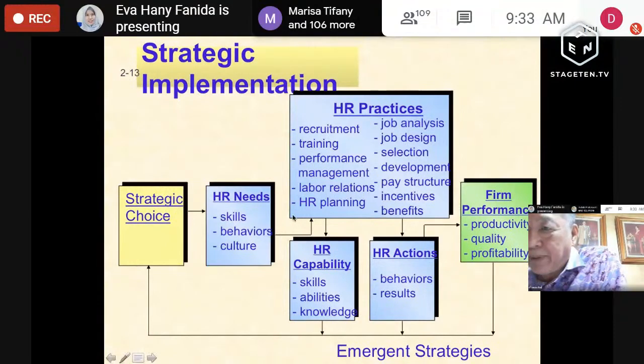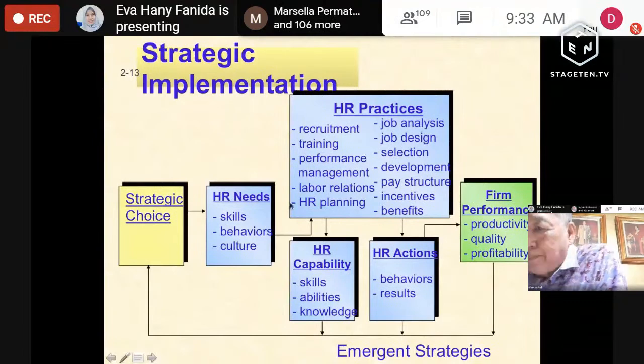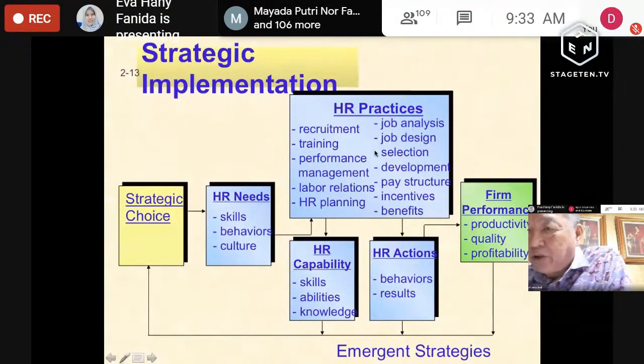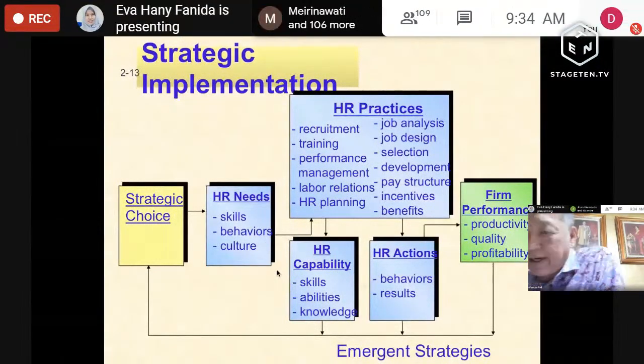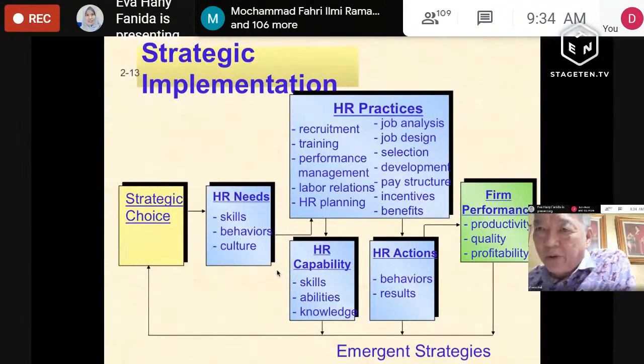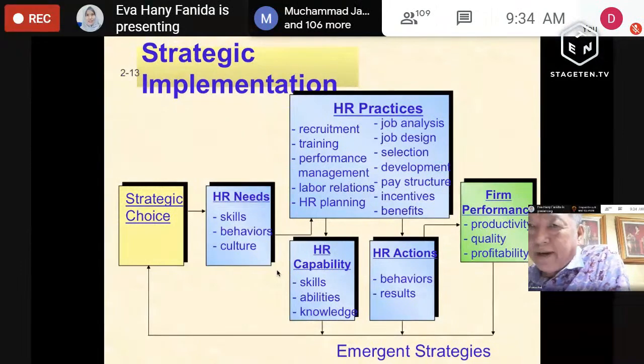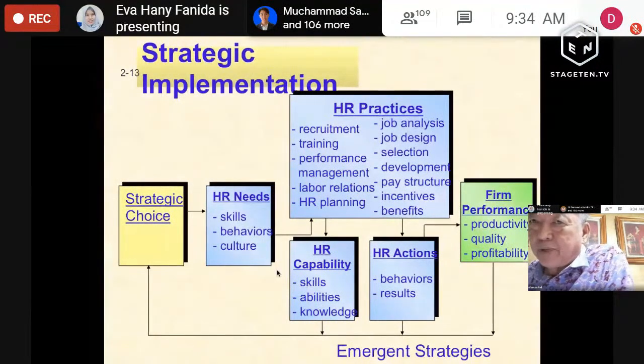For example, the objective of the public sector is people's satisfaction. For example, you can add to the firm performance, or satisfaction, something like that. So please listen carefully to me. I think it's quite complicated at this stage of strategy implementation.